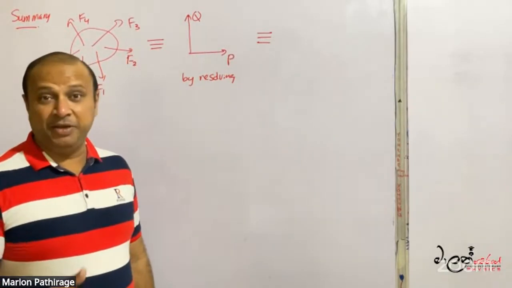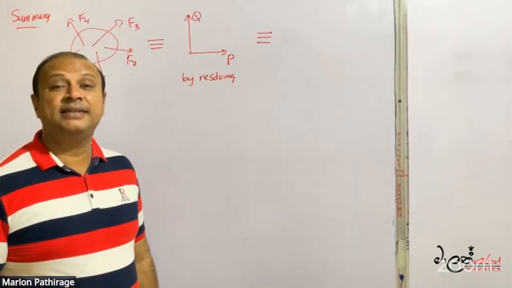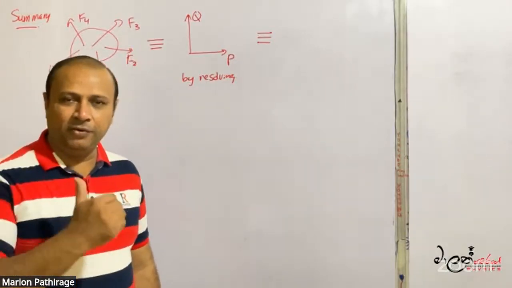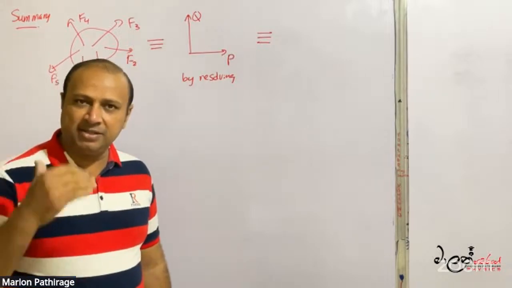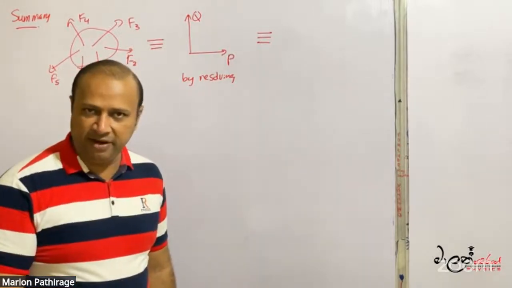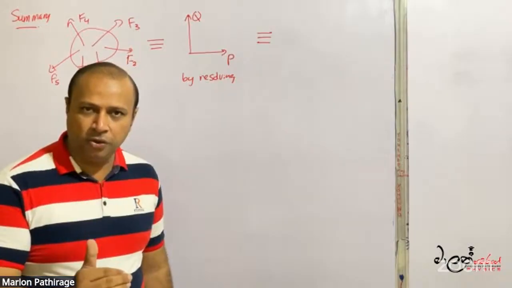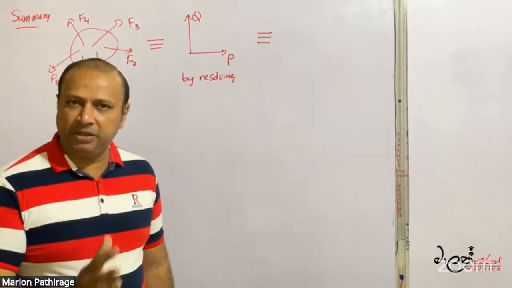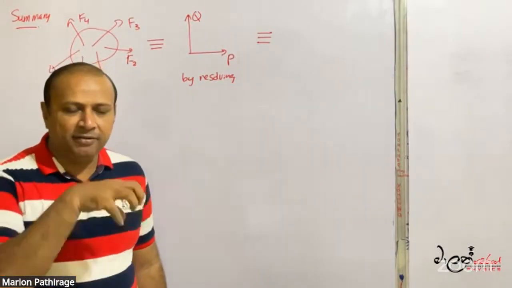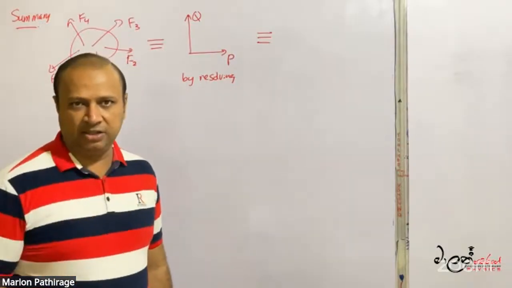If you can represent a vector system by one single vector, which can give all the properties of the vector system, that vector is called the resultant vector.